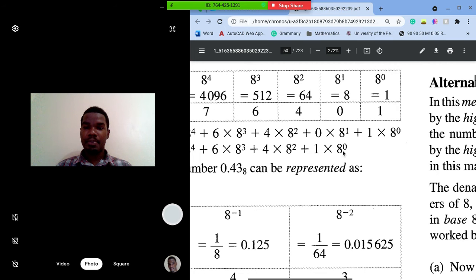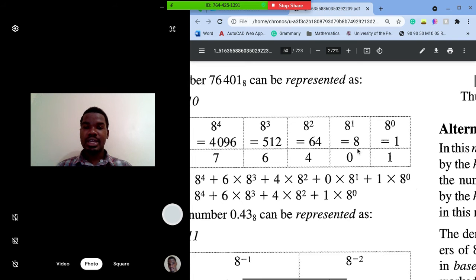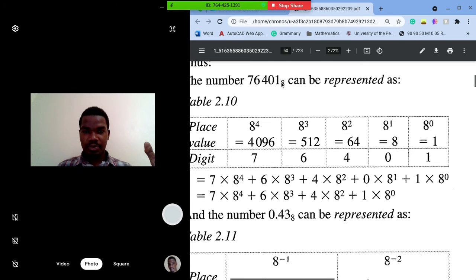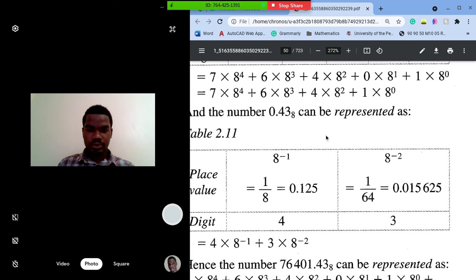When you had a number like 76,401, each value, because they're after the decimal place, increases 0, 1, 2, 3, 4. But if the decimal is before, you must say -1, -2, -3, -4. Clear?